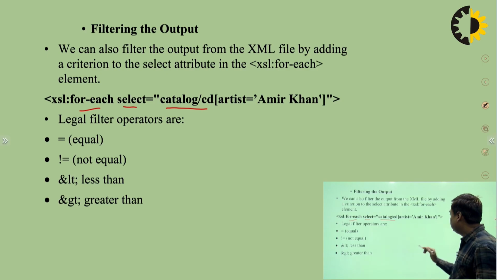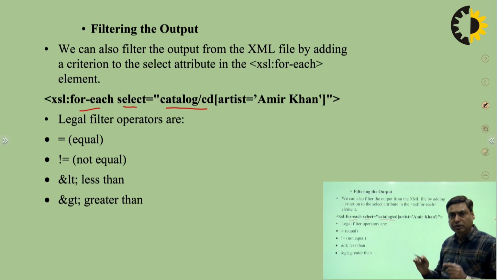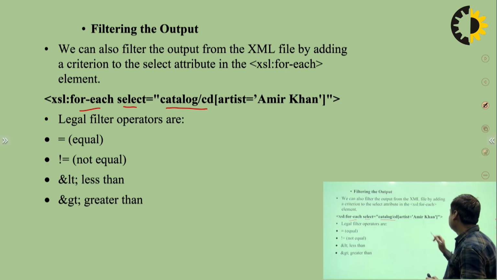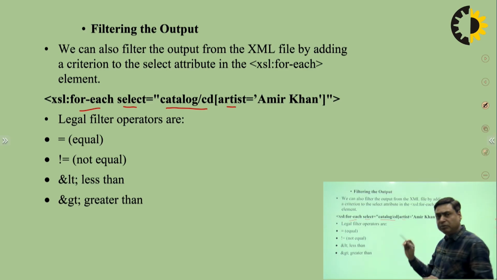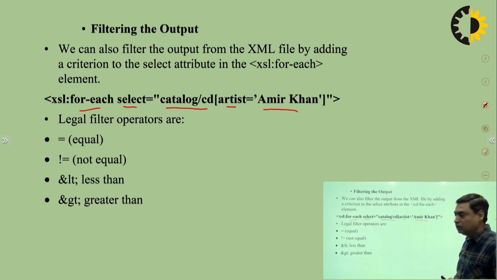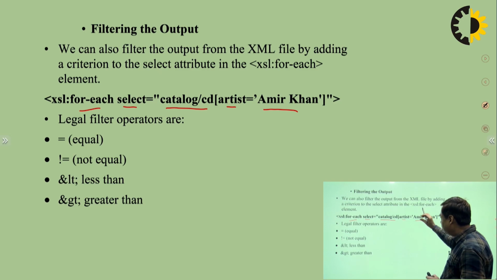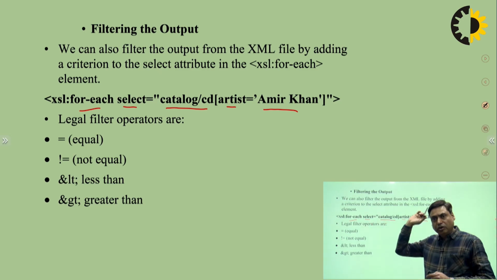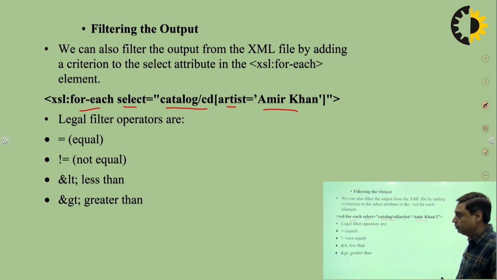In the CD, we want to put some condition. Here the condition is: artist is the name of the tag, and Amir Khan is the value of that tag. Whenever this condition is fulfilled, the loop will continue, otherwise the loop will break.